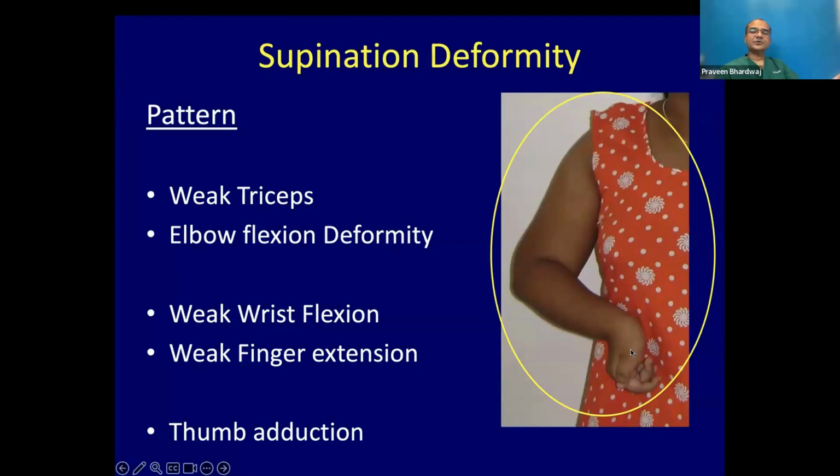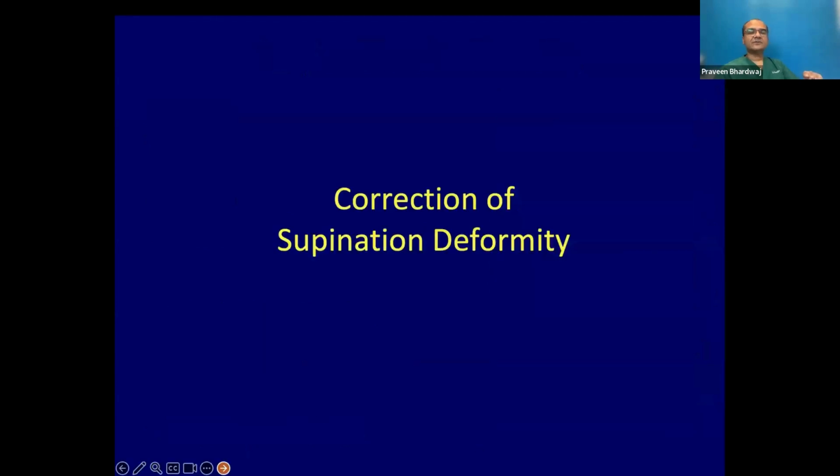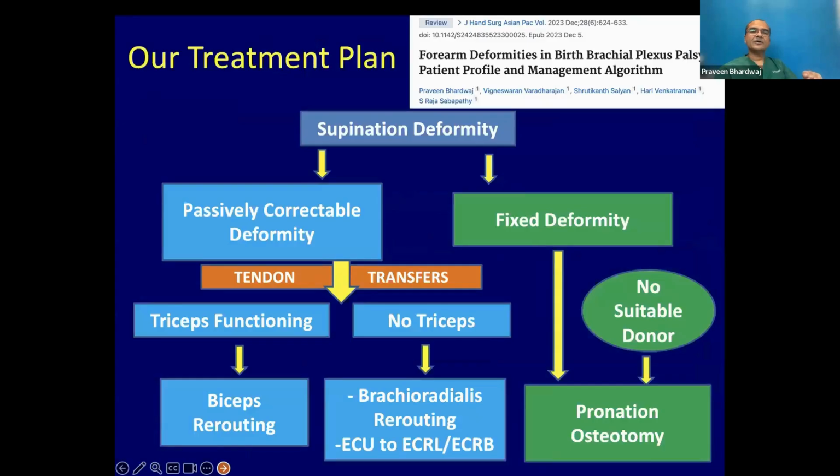Because of the supinated posture itself, the thumb goes in adduction. And because of this abnormal posture, the hand would be used much less than what would be dictated by the power in the fingers. And that is the reason why it causes a lot of disability. When you think of correcting this deformity, there are many operations which have been described. We generally follow this kind of protocol.